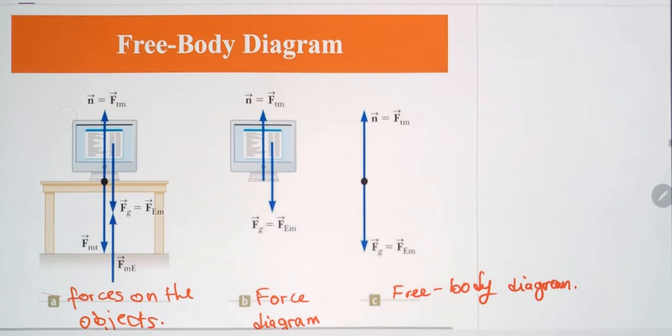Action and reaction. Of course, if you sum them as vectors, it will become zero. We have a static equilibrium. If you add the forces as vectors, it will give you zero.